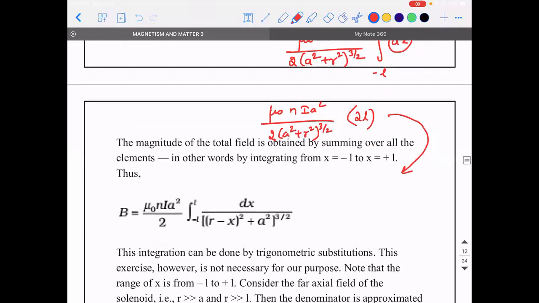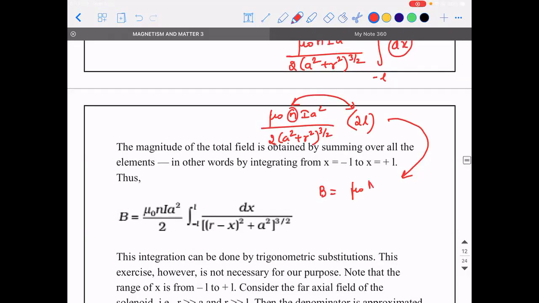So the value of B that you're going to get here is mu naught into, can I say small n into 2L is capital N? I is I only. In the place of A square, I will write pi A square and compensate it with a pi in the denominator. Accepted?